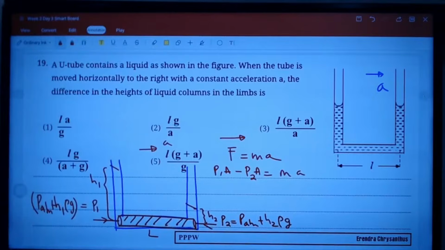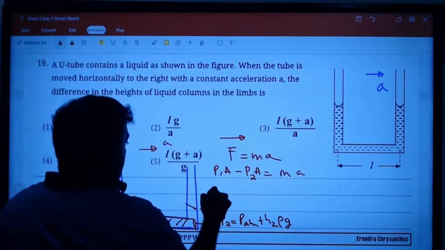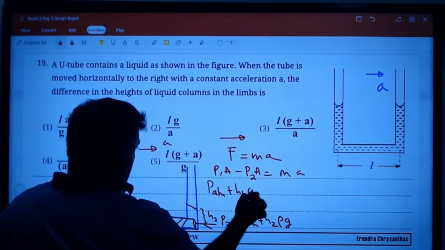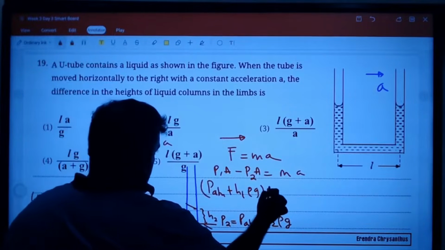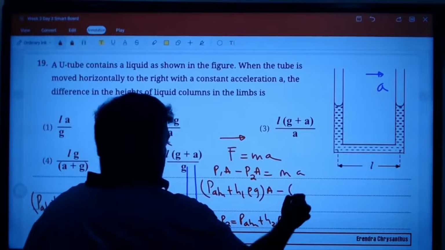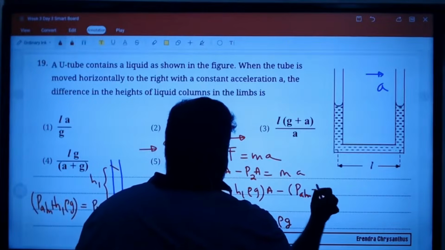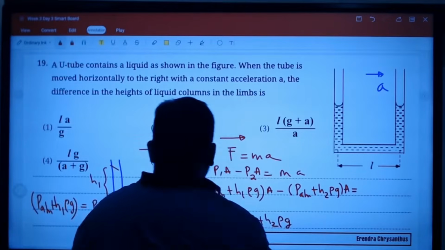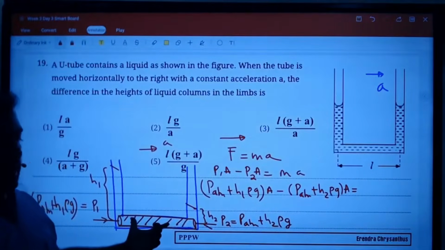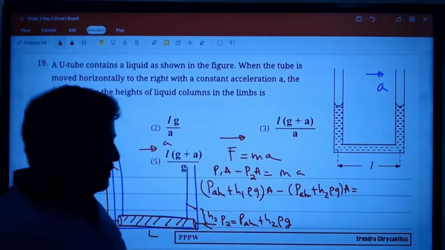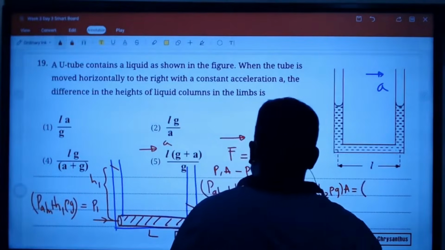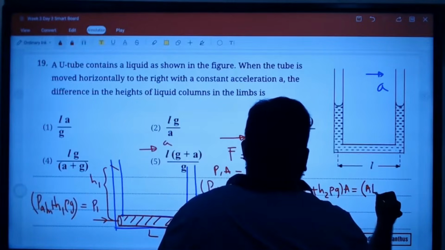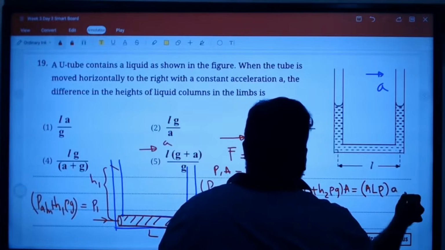P1 is P atm plus h1 rho g, P2 is P atm plus h2 rho g, and the mass of that particular section is A times L rho, into acceleration.